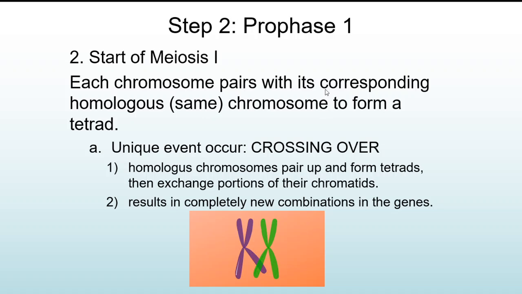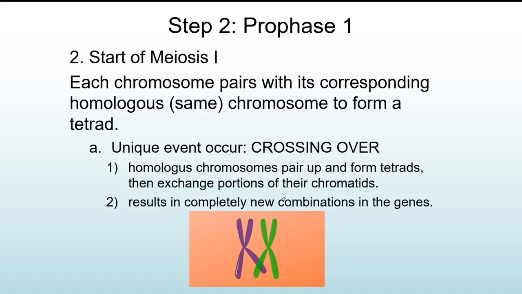Each chromosome pairs with its corresponding homologous chromosome to form what we call a tetrad. And we call it a tetrad because tetra means 4. And you can see it has 4 kind of legs. 1, 2, 3, 4. So this purple one, that is a tetrad, and the green one is a tetrad. And these two purples are homologous, and these two green are homologous, okay?